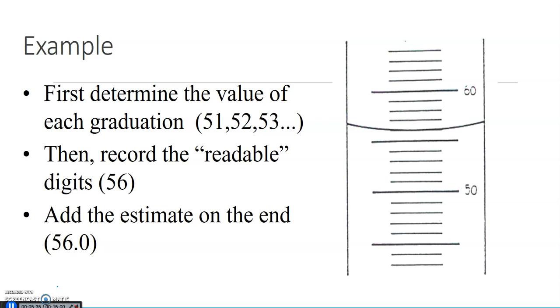That looks to me, right, this is everyone's place, 56. But in order to have proper sig figs in precision, we estimate to one more place. So 56, we need to go then to the tenths place. And to me, I'm convinced that's on 56, but I cannot leave this as 56. I need to write 56.0. So I had to estimate this tenths place.